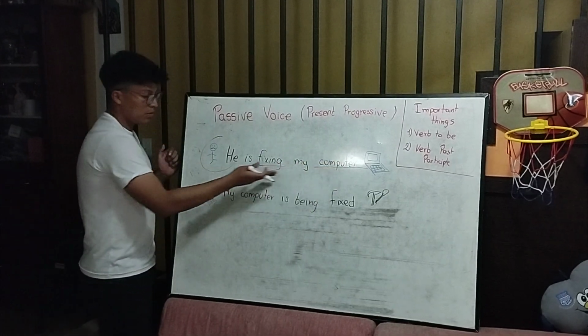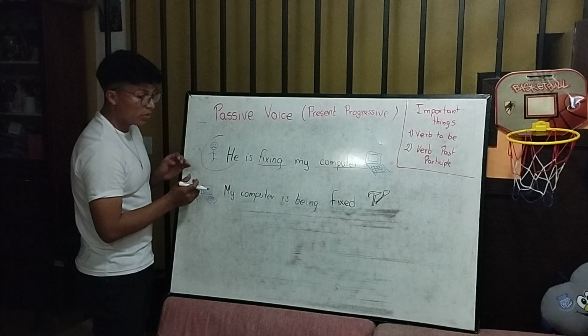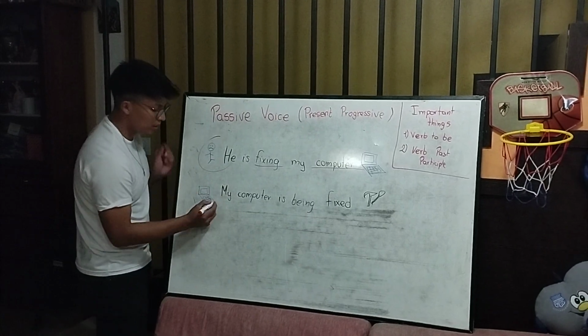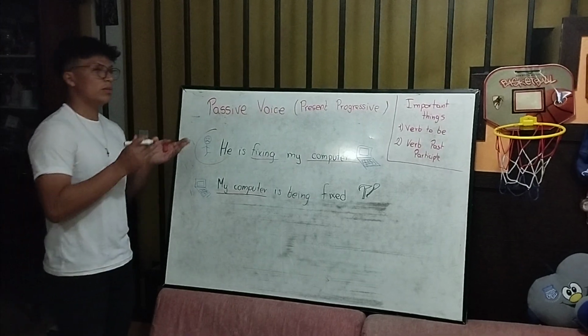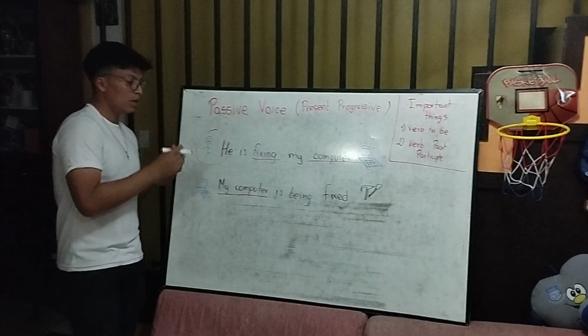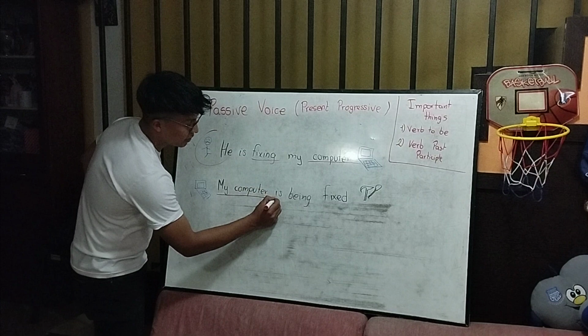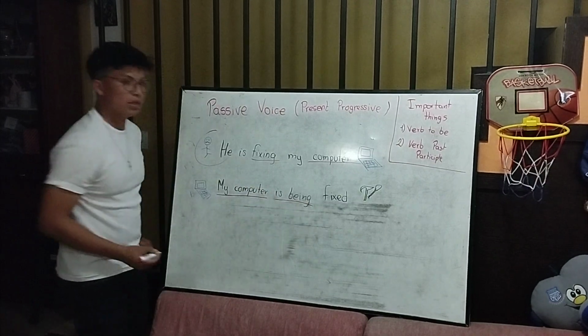The object becomes the most important thing of the sentence, in this case my computer, and the difference from the other times is that in present progressive it is being.